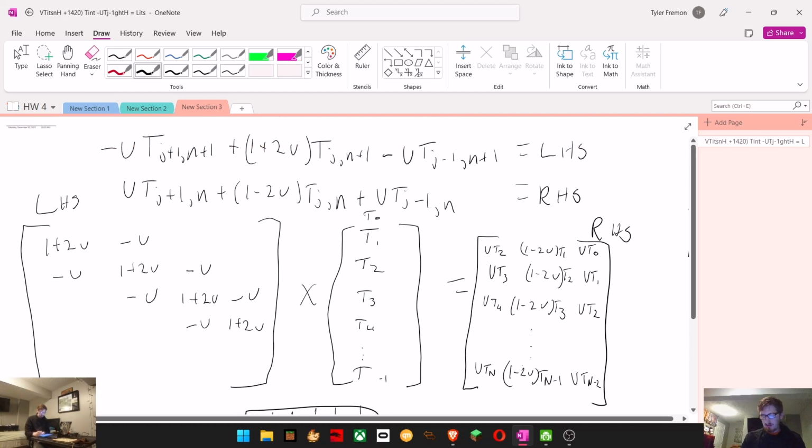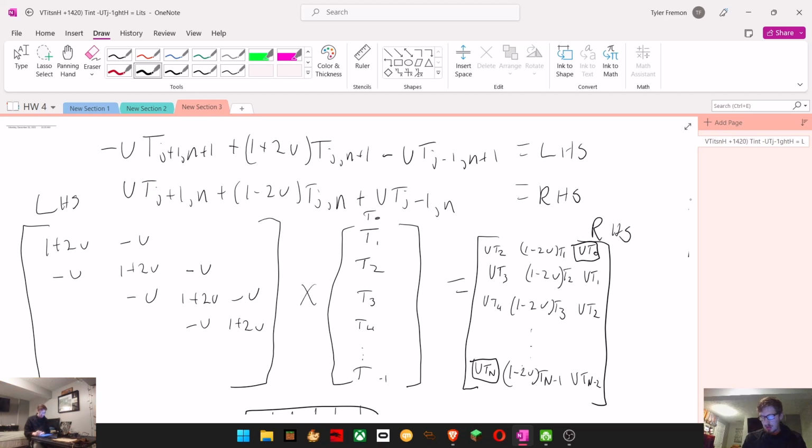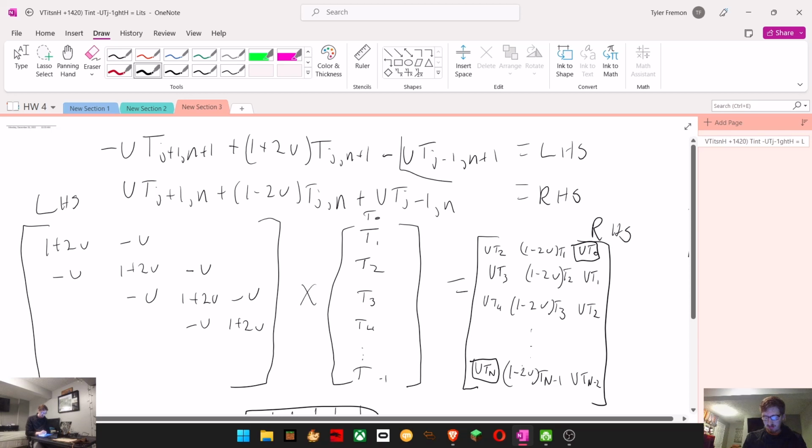The one thing I want to note is that we have this u times t sub 0 and this u times t sub n. And we actually have that on both the right and the left side. We have the t sub 0 here, and we have the t sub n here.